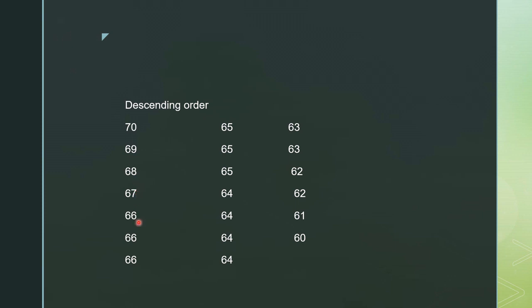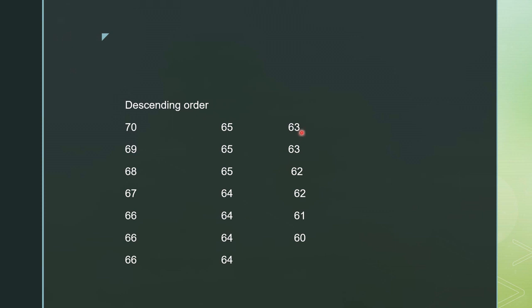Then in this array 66 has been repeated 3 times, so here we write 66, 66, 66. Next 65 has also been repeated 3 times, so here we write 65 three times. Then 64 is repeated 4 times in this array, so here we write 64 four times.